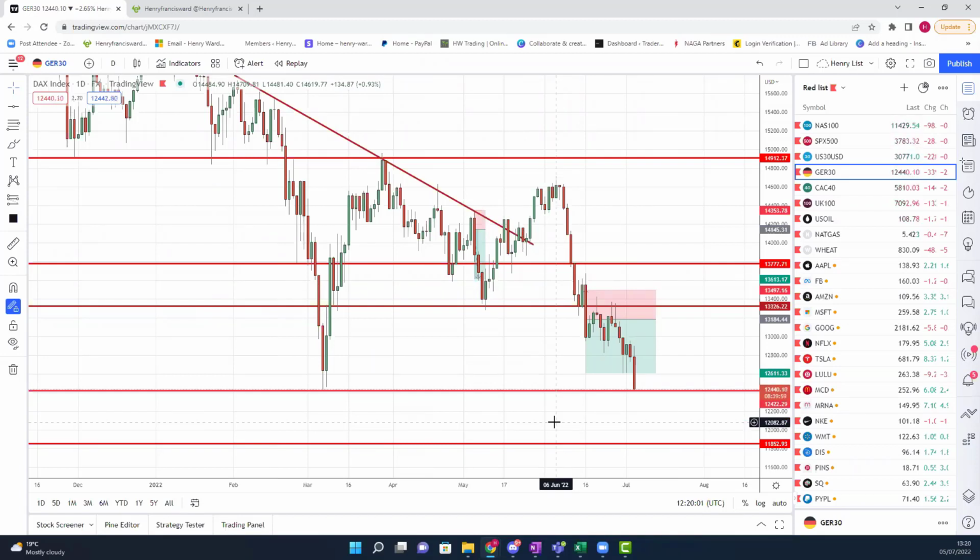All the people who trade counter trend. Now for me, it's a no. I wouldn't really be looking to do counter trend trades in this, but again, there is one there.